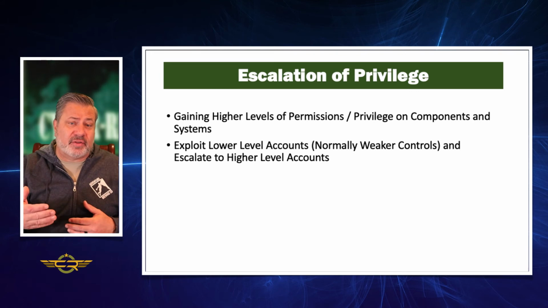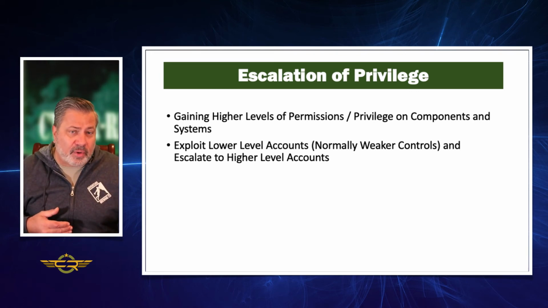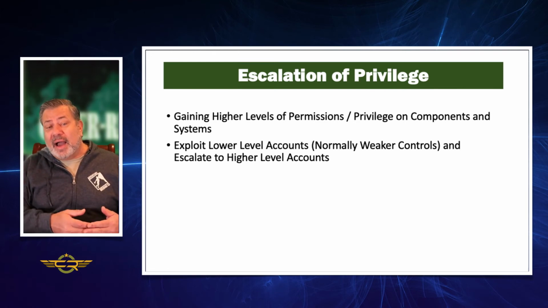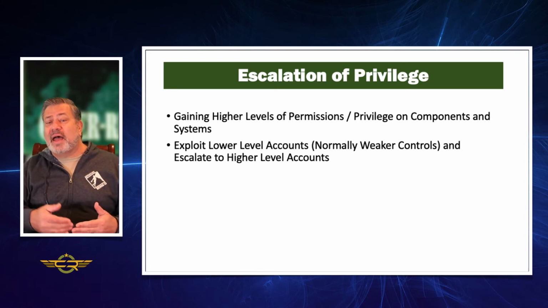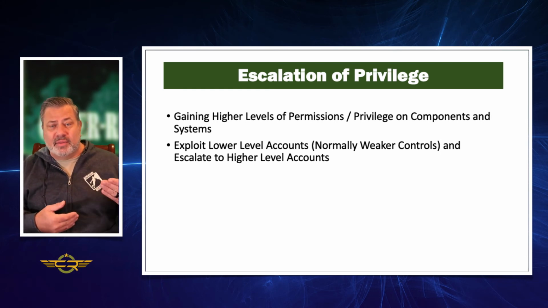And we saw this in Pass the Hash. If I can land on a box where that person has local admin rights and it's vulnerable to pass the hash, I may be able to find out if there's domain credentials on that box in LSASS and then use that to maybe create my own account or elevate that end user's account that I have permissions to.